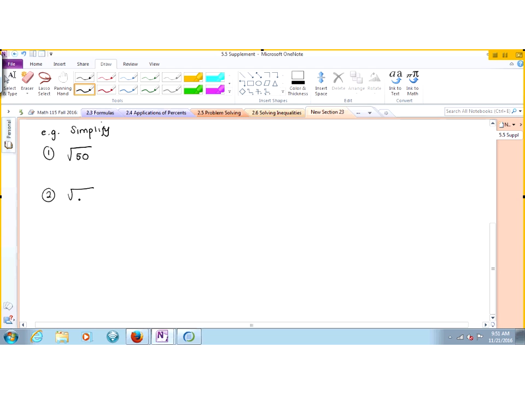And let's simplify, for example, the square root of 12. Or if I want to simplify the square root of, let's see, what is it, 108? Or the square root of 20.